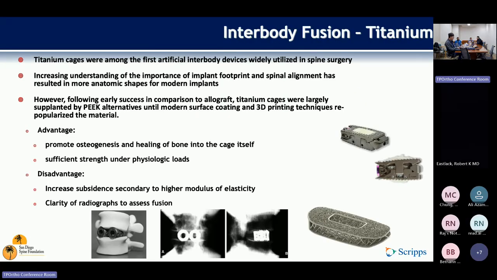Titanium cages promote osseointegration, but are more stiff than bone, which can lead to subsidence and stress shielding. They also produce imaging artifact. Shapes and surface features like porosity can mitigate some of these issues, and 3D printing allows for greater customization of these implants.